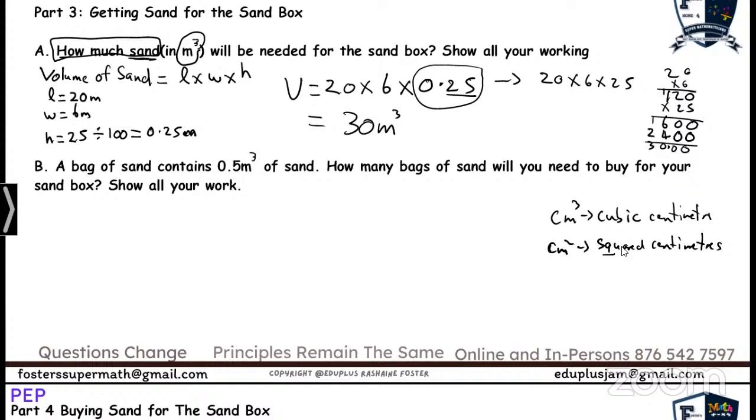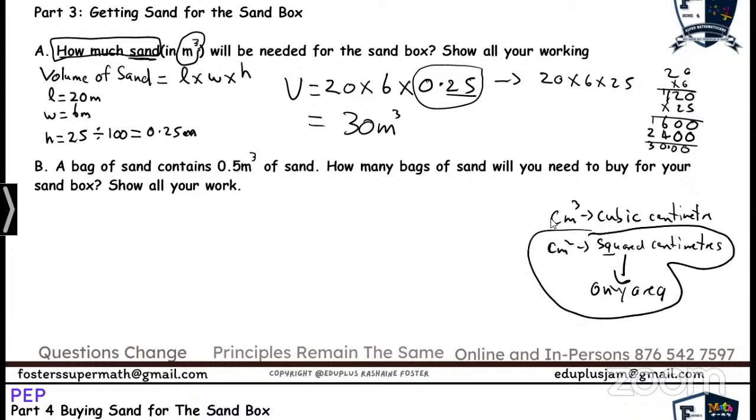So squared units, cubic units. Because I see some people in the chat writing 30 meters squared. People, squared is only used for area. Only, and again, I will repeat this, only used for area. Cubic is only used for volume, and people, that means you have not been paying attention.